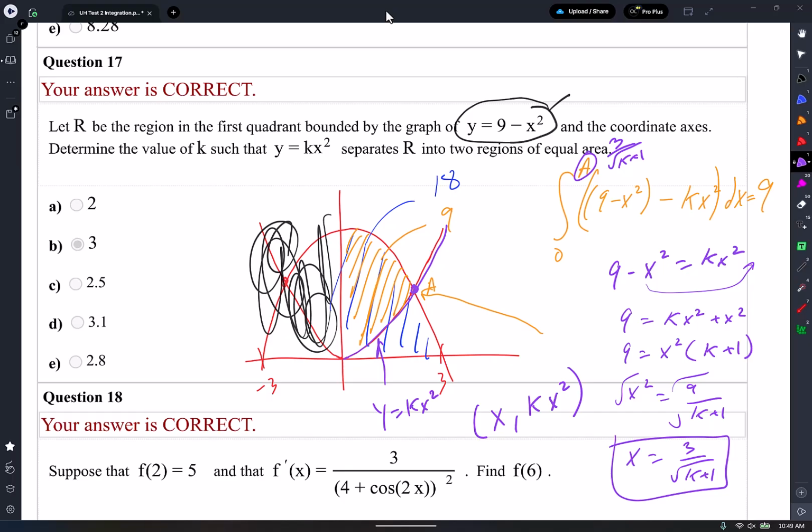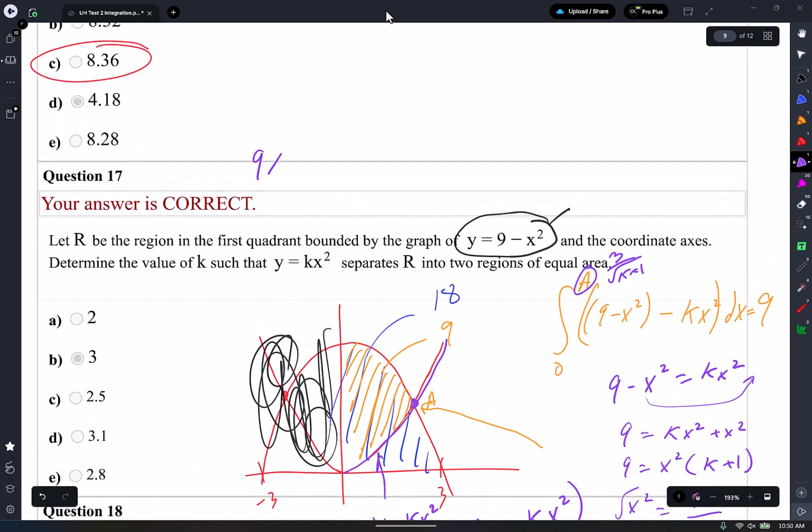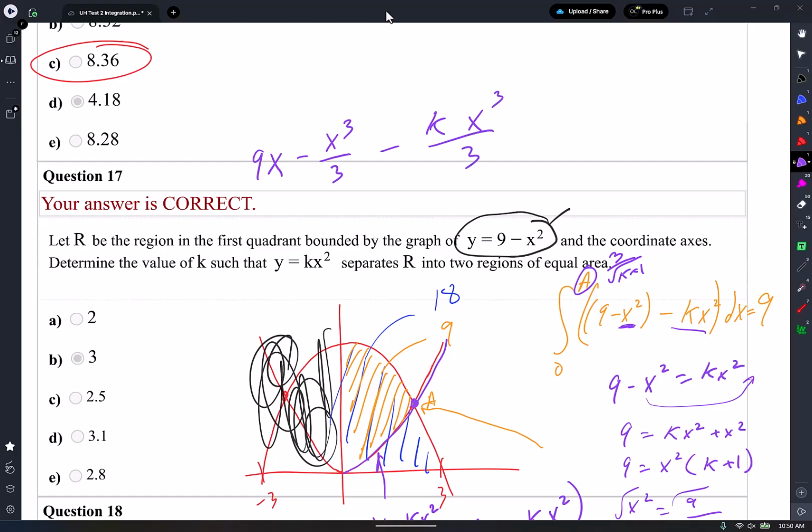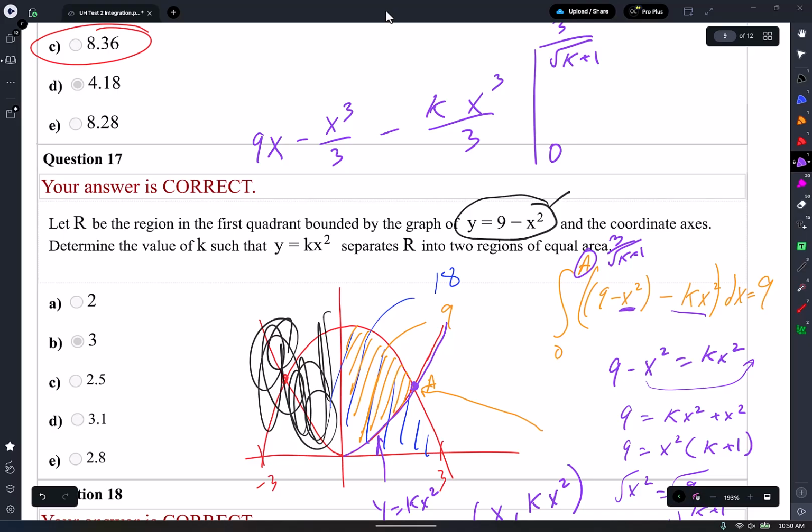The antiderivative of 9 is 9x, and the antiderivative of kx squared is kx cubed over 3. This is evaluated from 0 to 3 over the square root of k plus 1. Are we still okay? Man, this is so hard. Set it equal to the area I want, 9, and then just use the calculator to solve.